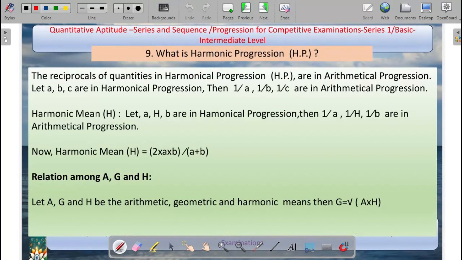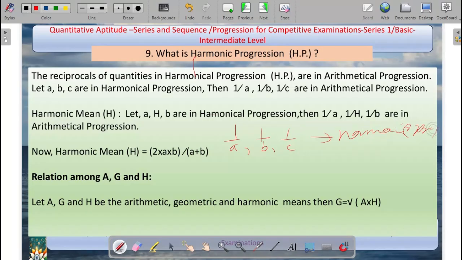Now we'll discuss what is harmonic progression. The reciprocals of quantities in harmonic progression are in arithmetical progression. Let a, b, c be in harmonic progression, then 1 by a, 1 by b and 1 by c are in arithmetical progression. When will it be called harmonic progression?